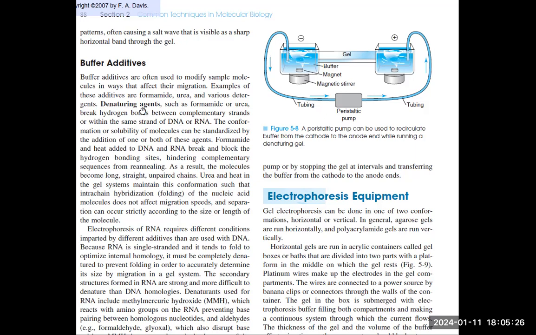We need to denature again because during the process some fragments may have reannealed. So we add buffer additives like formamide and urea to prevent the problems of reannealing and refolding. Refolding happens with single-stranded RNA.